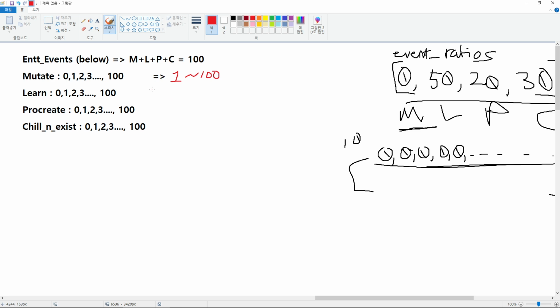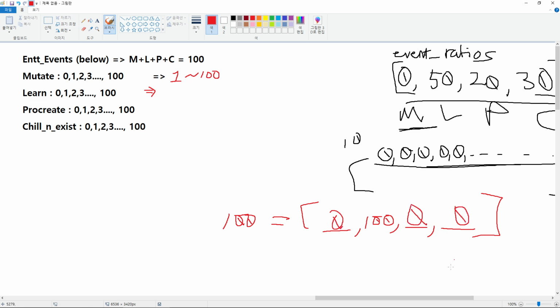And the same for learn, or not exactly the same, but if all entities were learning, and I wanted to keep everything so that the total sum would be 100, that's not good, because then everything is a 0 again.